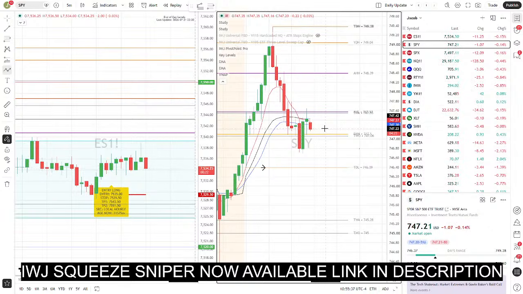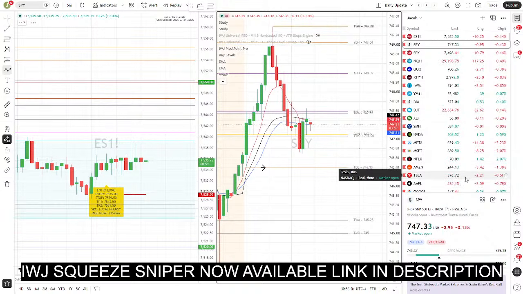NQ's lagging today, not helping the Bulls. Yeah, I mean, Meta and Microsoft are heavy. When SMH is slightly red, it was slightly green earlier, but when SMH isn't helping in either direction, and you've got a heavy Microsoft and Meta, it's really hard to bench press the market, especially with Amazon and Tesla, Tesla and Apple.